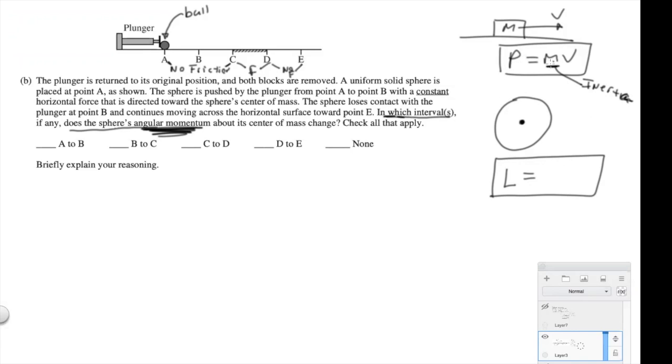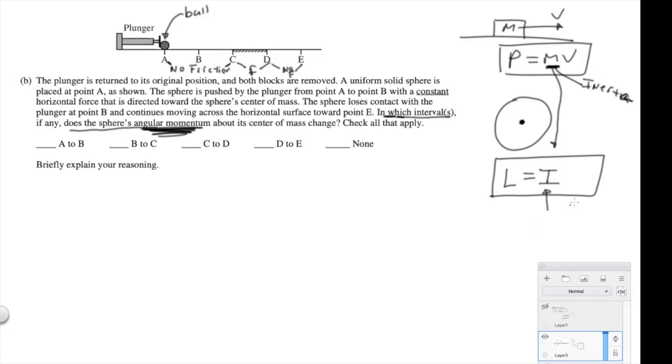So mass is a measure of linear inertia. It's the ability of an object to resist a change of motion. Well, rotating objects also have inertia, but it's a little more complicated. So what we have is what we call rotational inertia, which has the symbol I.